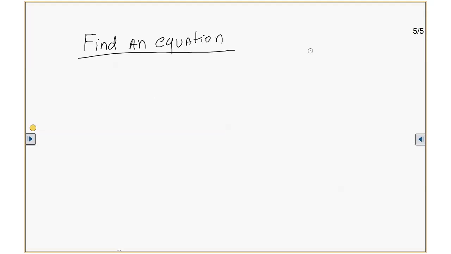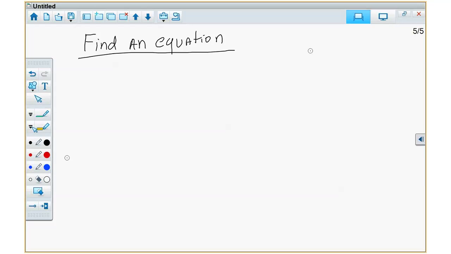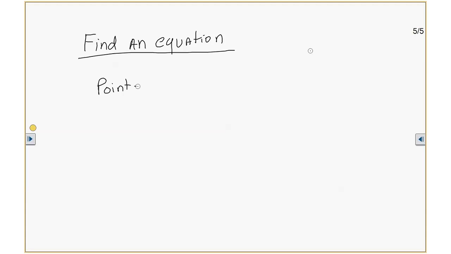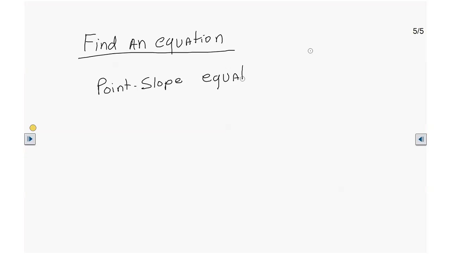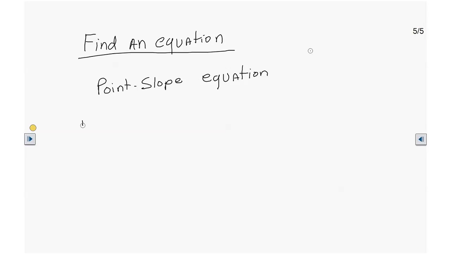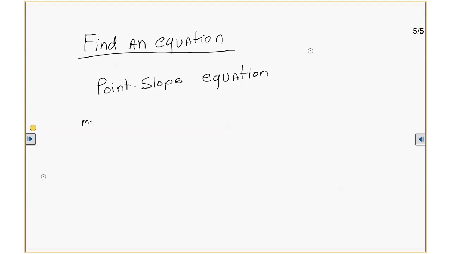And to find an equation of a line, we use this. Now, why do you think it's called the point-slope equation? Because you need a point and a what? To do the equation.